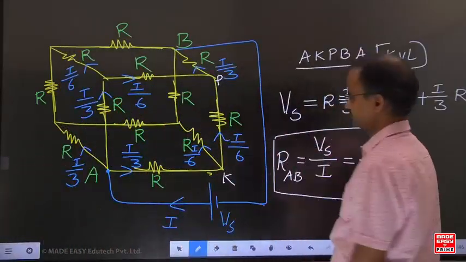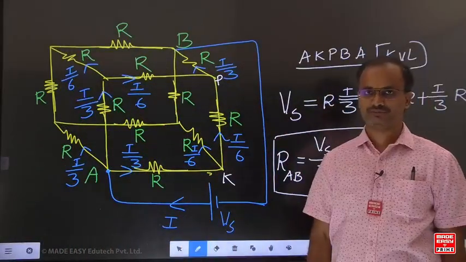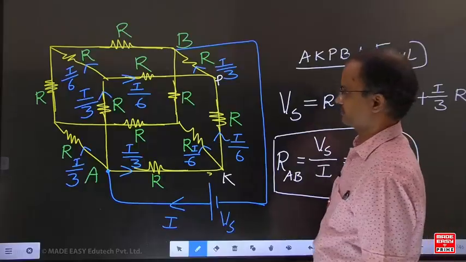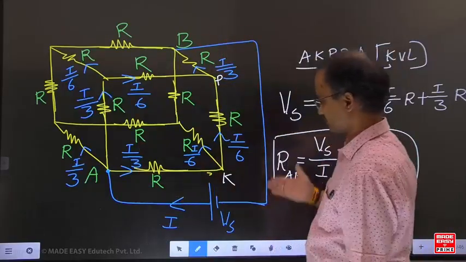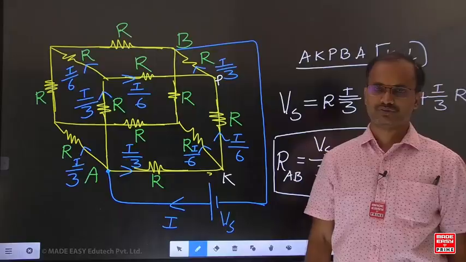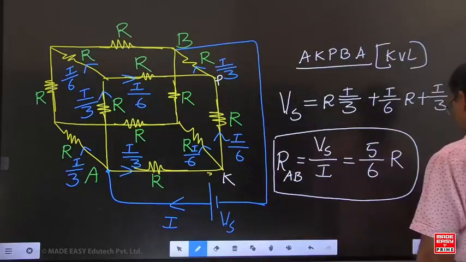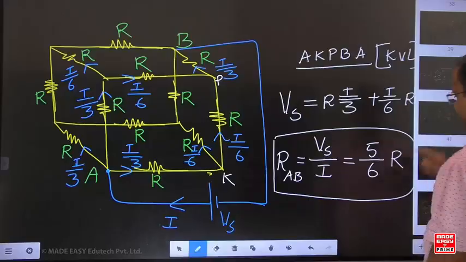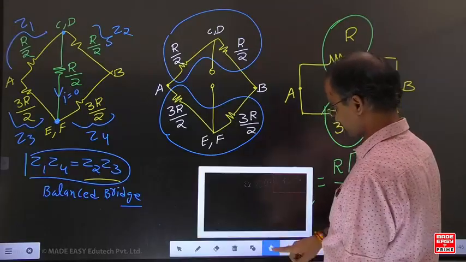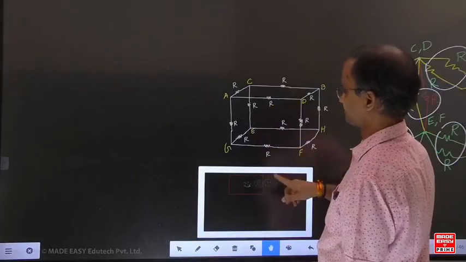Now observe here. We'll get one common doubt: the method we applied here, where we assume one voltage source, why don't you apply this approach for the previous problem? Look, for the previous problem this method cannot be applied.